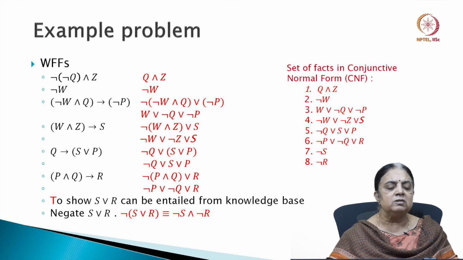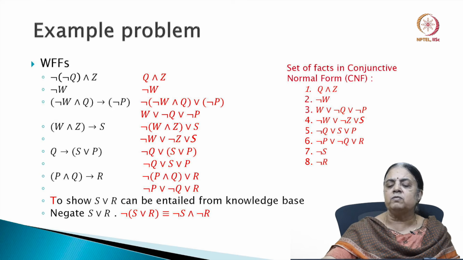And then suppose we want to show S or R. What do you do? You take not of S or R. If you take not of S or R, you will get not S and not R. When you convert it to conjunctive normal form, you get these sentences here.